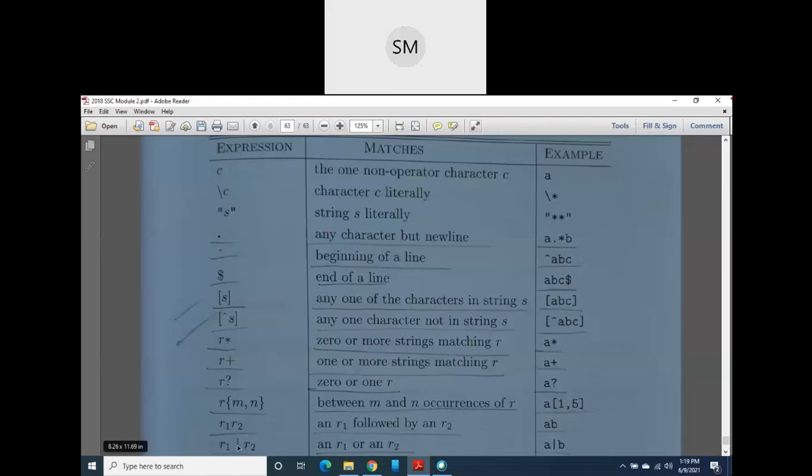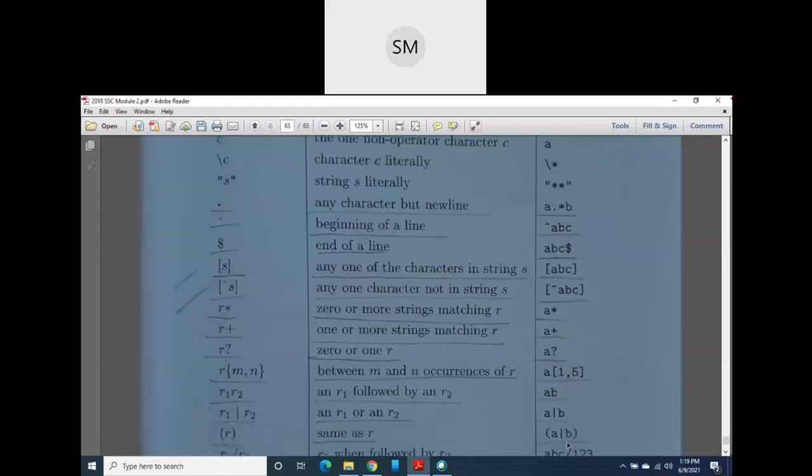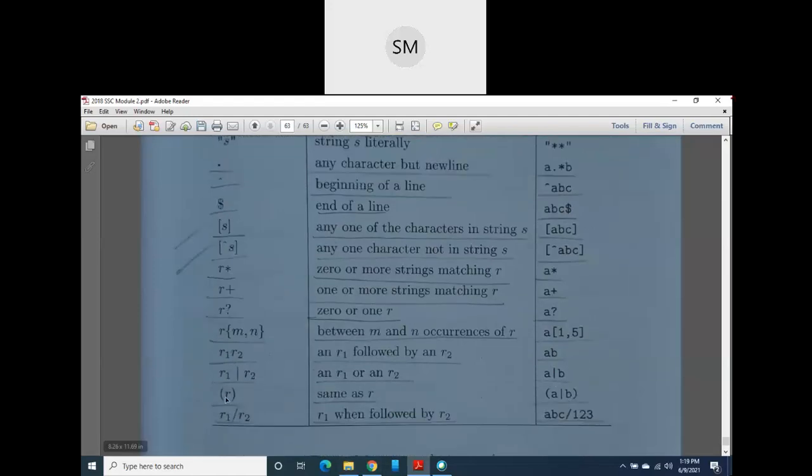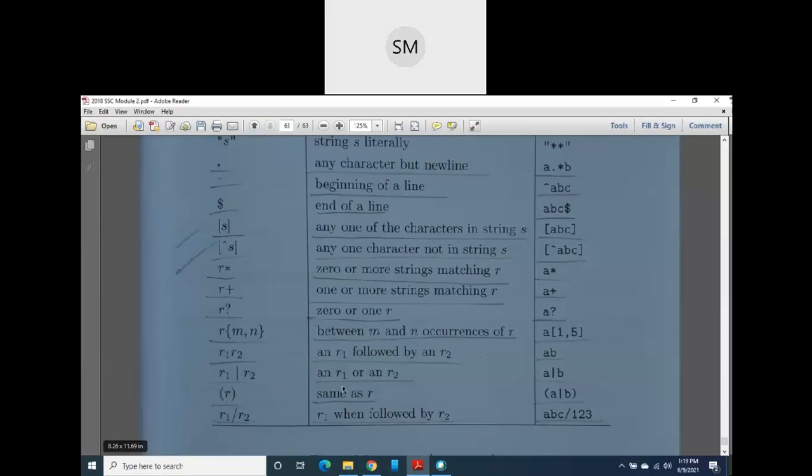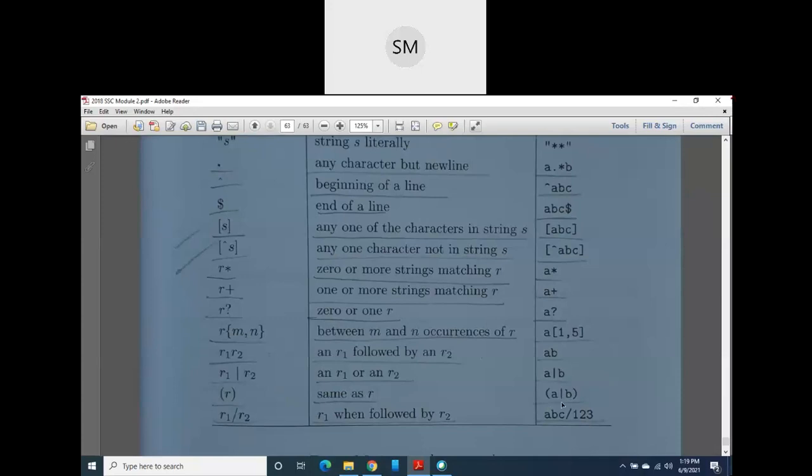Already I told you how to pronounce it, either union or you can use the pipe, R1 or R2, A pipe B. Similarly, R with parenthesis is the same as without parenthesis, so A union B with parenthesis I have written here. Then R1 divided by R2 is nothing but R1 when followed by R2. So R1 is ABC followed by R2, that is 1, 2, 3.